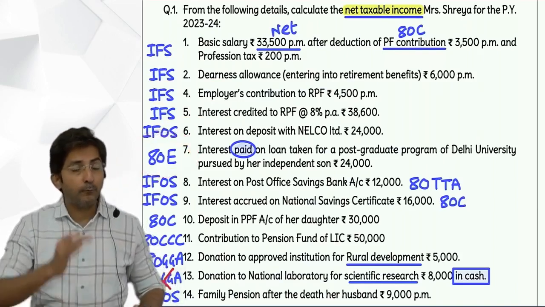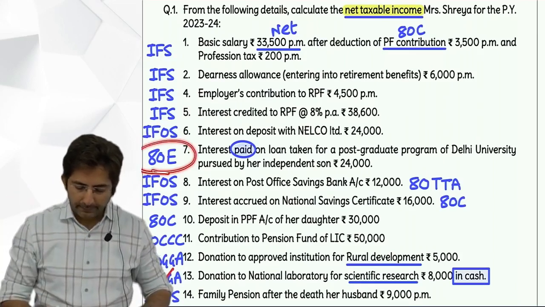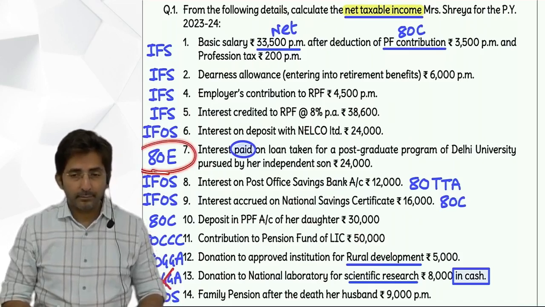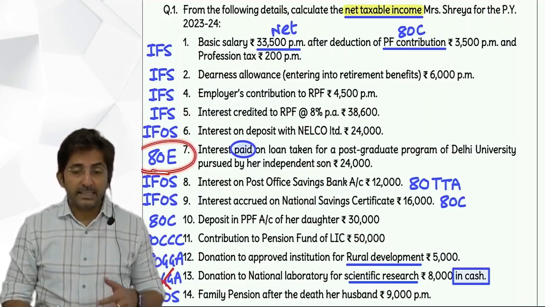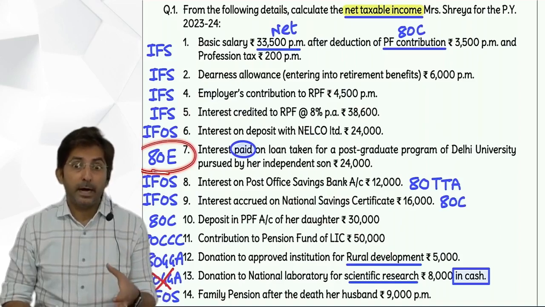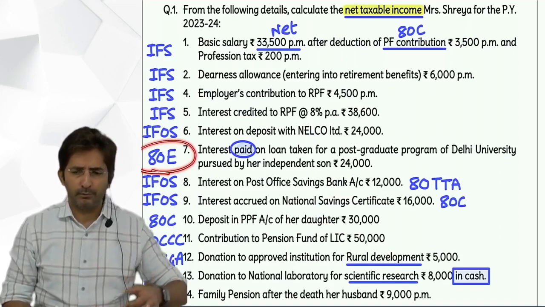See, and now I am going from top to bottom in the order of the sum. So 80E we had. What will you write? Interest on loan for higher education. See, in the law they have written higher education. Higher means any education after grade 12.